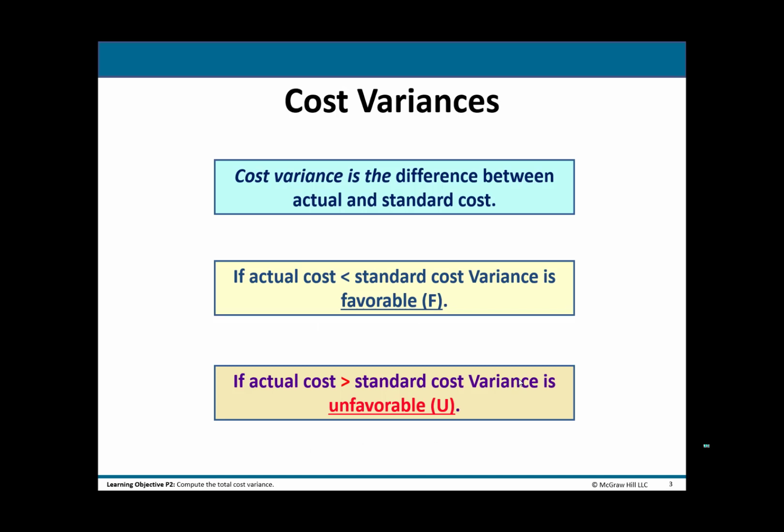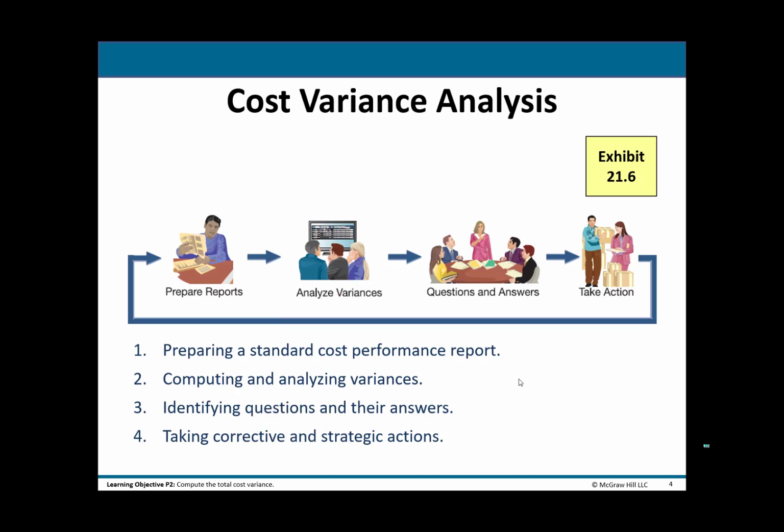We learned about cost variances. We said that a variance is just the difference between actual and standard cost. And we talked about when variances would be deemed favorable and unfavorable. We flexed forward budgets to actual levels of production so that we could compute various cost analyses.